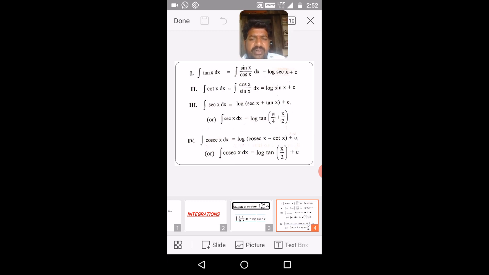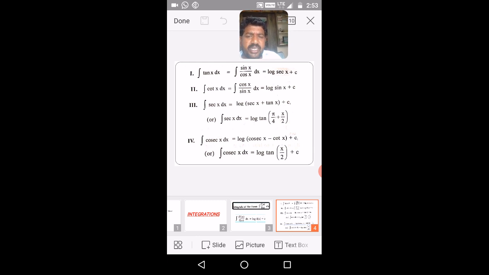The derivative of the denominator cos x is minus sin x. So by simplification you get minus log cos x plus c, but minus log cos x is log 1 by cos x, that is log sec x. So integration of tan x dx is log sec x plus c.